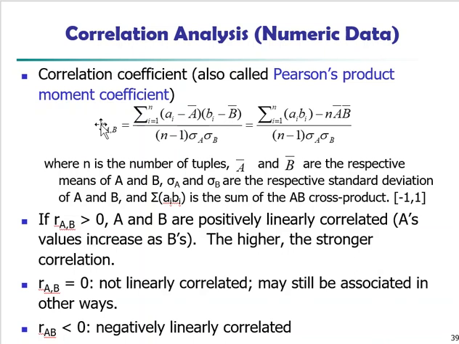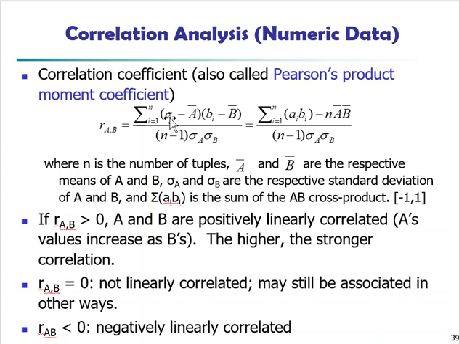Pearson's correlation coefficient is computed using this formula. An intuitive reading of this formula shows that it is going to be a positive value when A and B are increasing at the same time and decreasing at the same time, so that this top, the sum, is going to be a positive value.